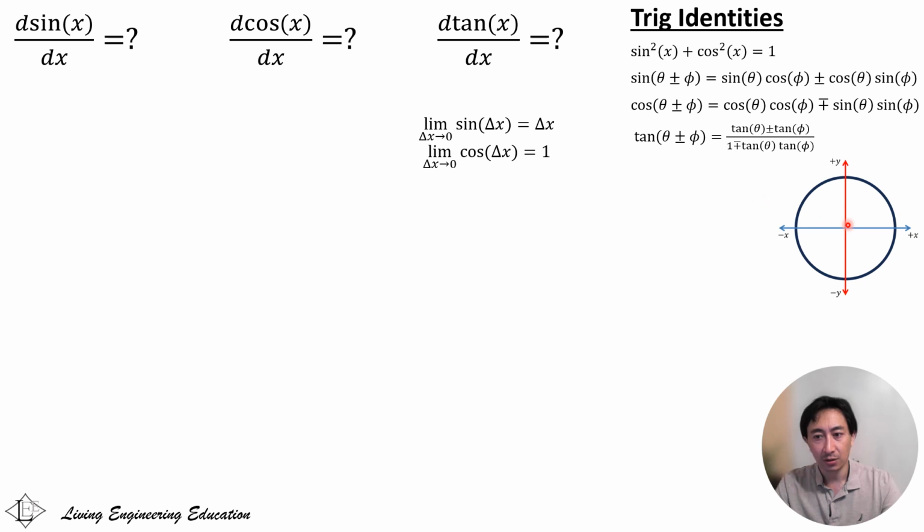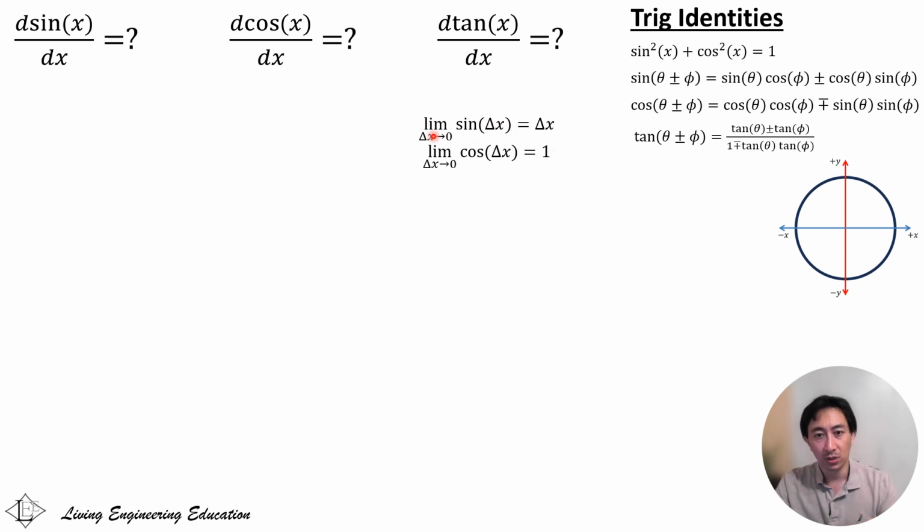Now for sine, we know that sine of 0 is equal to 0. But if it's very, very small, it's approaching the delta x, in fact, right? So we don't want it to completely go away because that's not true. It's not truly equal to 0. And 0 versus something very small are very different values.